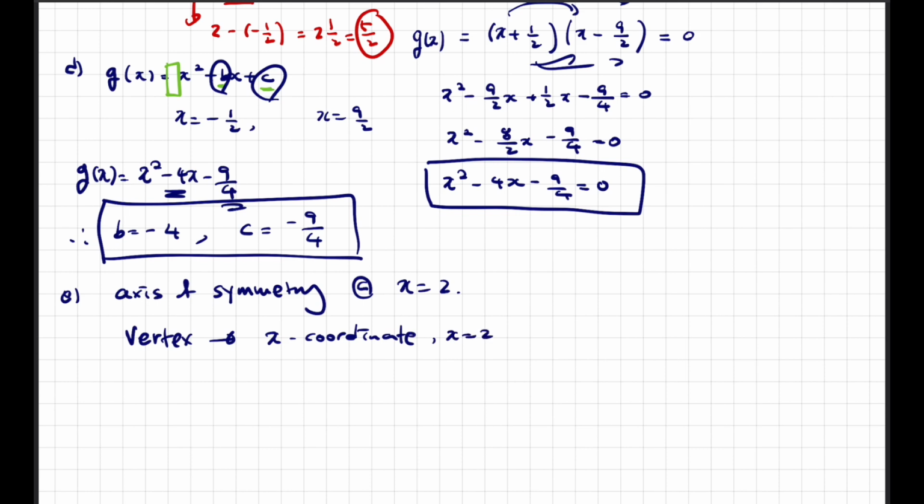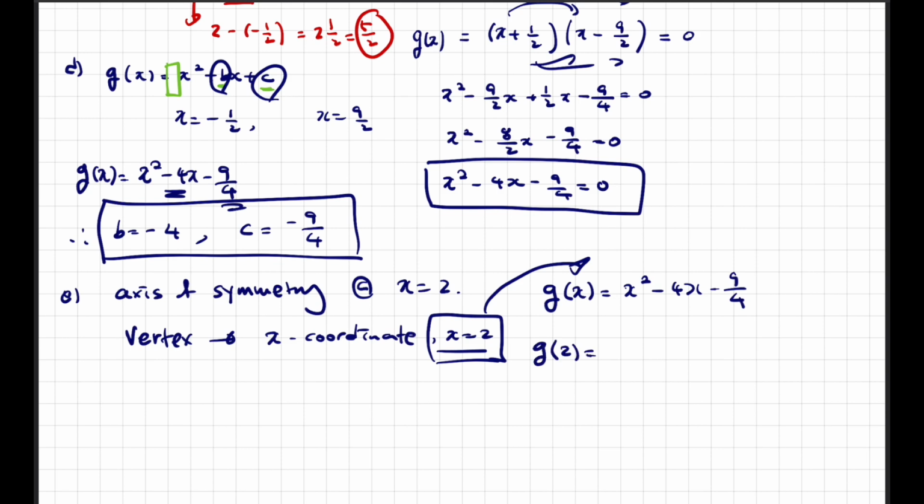We also know the full equation of the function g of x, which is x squared minus 4x minus 9 over 4. Since we know the x value, we can substitute it into this function. Then we do g of 2: 2 squared minus 4 times 2 minus 9 over 4.